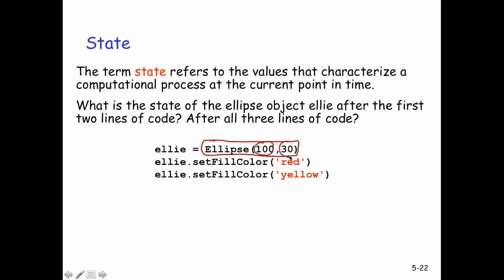So those are two pieces of state. And additionally, if we set the fill color to red, then the color changes from whatever default color it is to red. And if we change the fill color to yellow, it has the same state as before in terms of the width and height, but now the fill color is yellow. So all these are examples of changes in state.